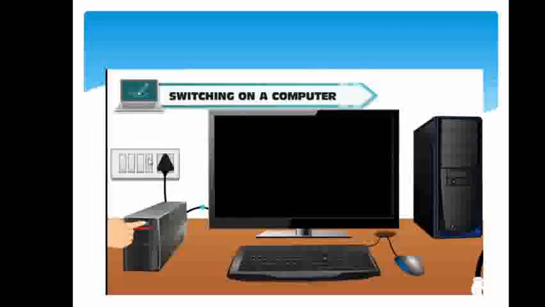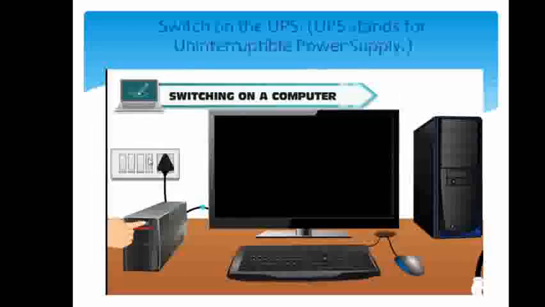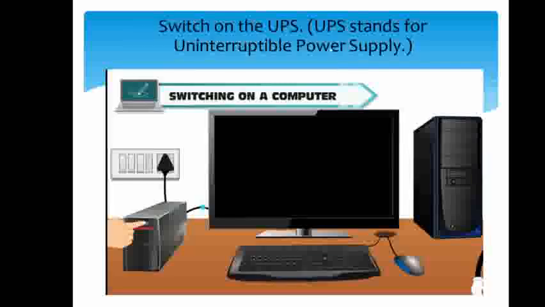Next, step 2. We need to switch on the UPS. This is where you switch it on. As you know, UPS stands for Uninterruptible Power Supply. It means if in case there is a power failure, the UPS gives you some backup.